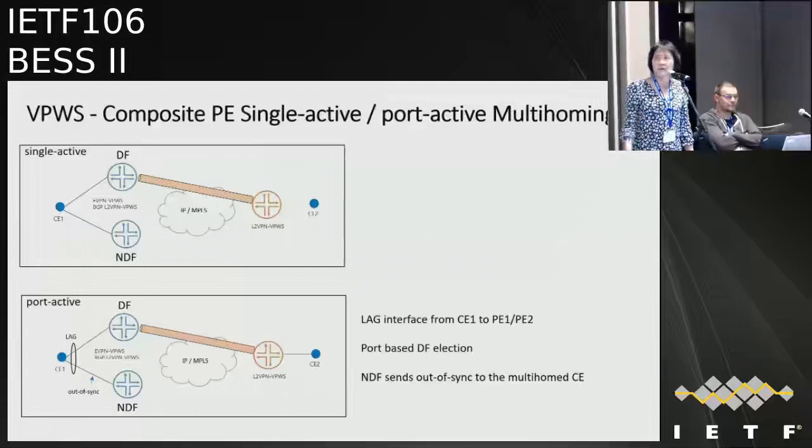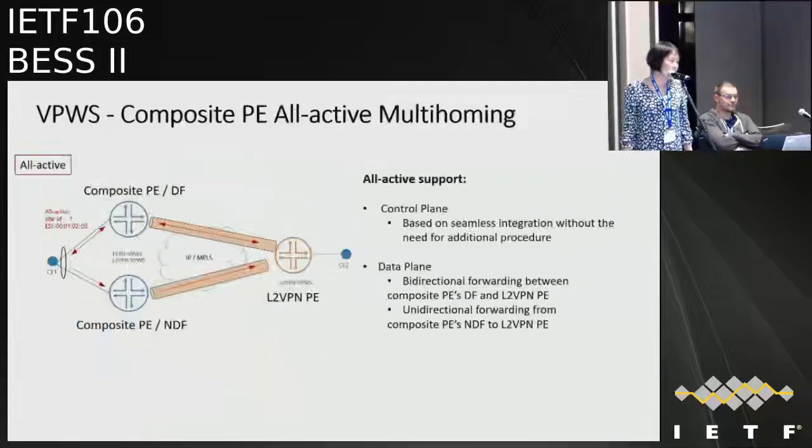So this helps. And it can also go directly to all-active, but in the all-active case, the legacy layer 2 VPN PE does not know how to do all-active. They only support single-active.